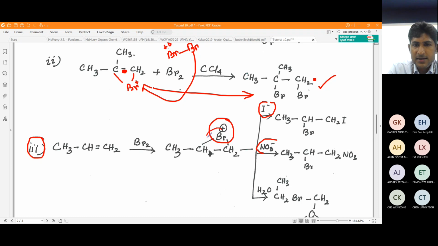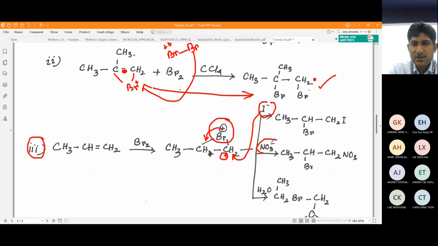It will break one bond, and then it is going to form this bond, and carbon will produce a carbocation later on. If this bond is broken, iodine is going to be attached to this carbon, right? So this is how the bromo-iodo-propane is being formed.